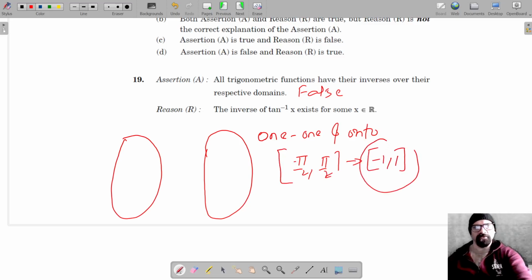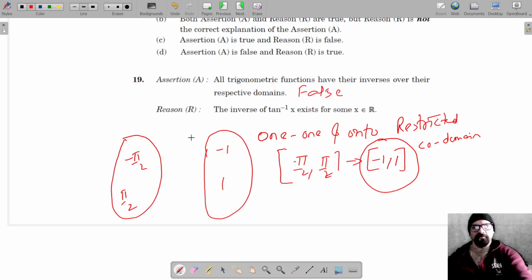That means we have restricted the codomain. Here are the angles, minus pi by 2, pi by 2, and this is the domain and this is the codomain.